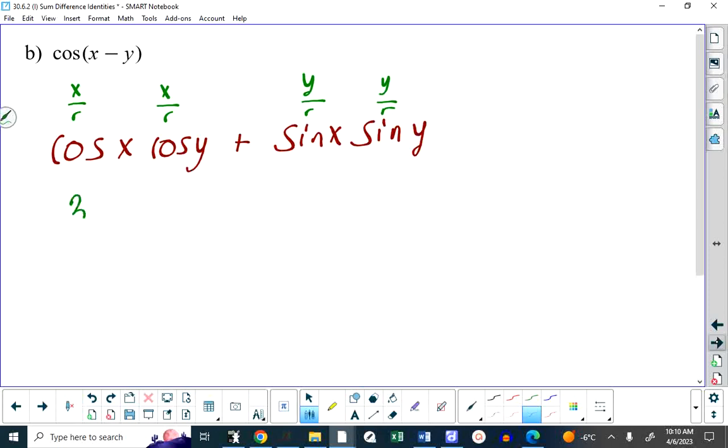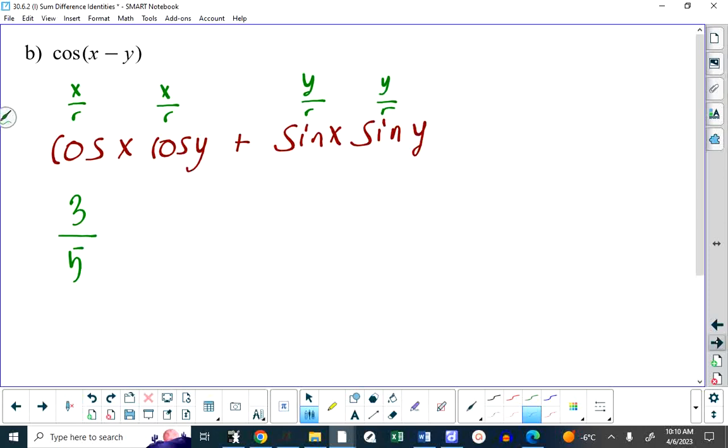Can you confirm that cosine of angle x is 3 over 5 by looking at your table for the angle x side? So the x coordinate over r for angle x is 3 over 5. No?